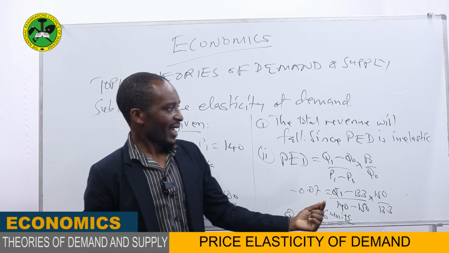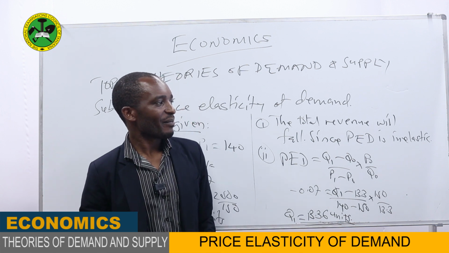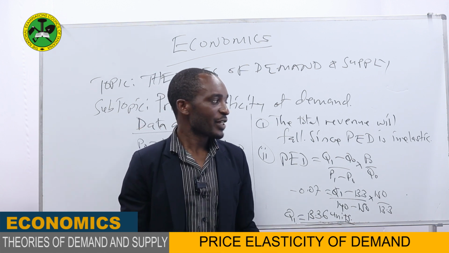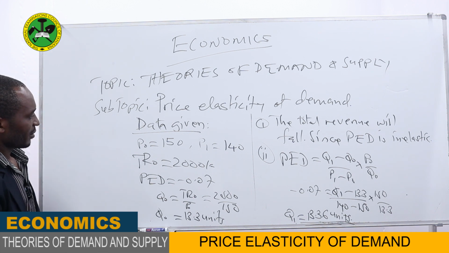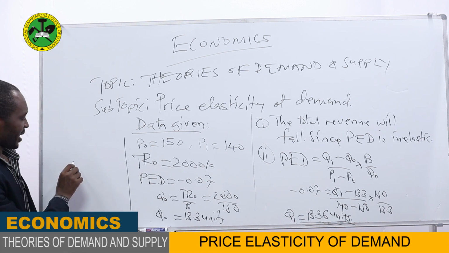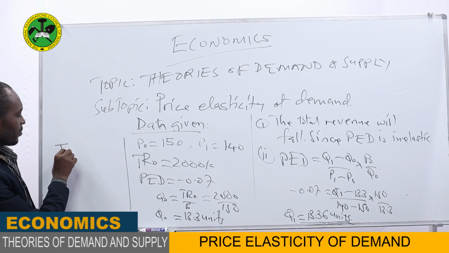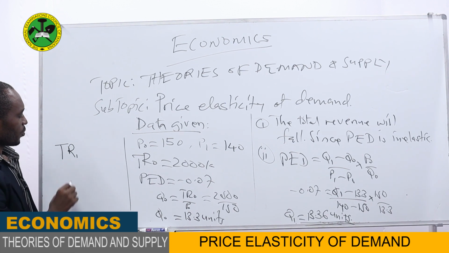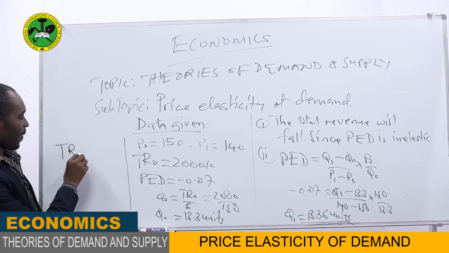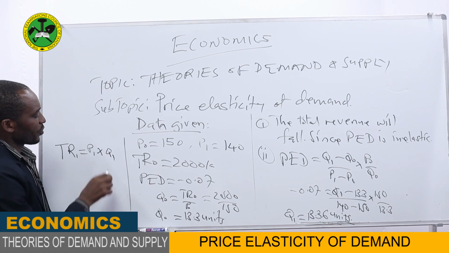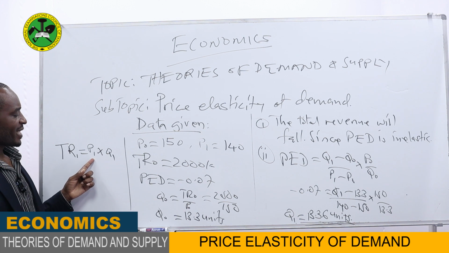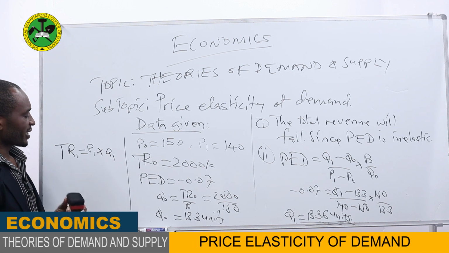Now, here we were asked to calculate the magnitude of its new total revenue. The new total revenue will be equal to price 1 times Q1. It means the new price times the new quantity.